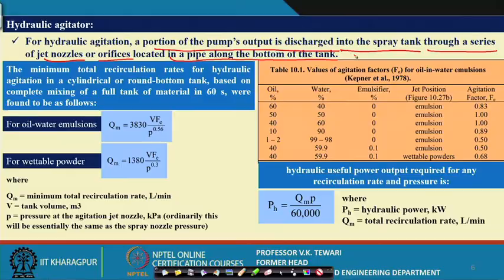So at the bottom of the tank, you have small nozzles or orifices, and you bring a certain portion of the output back into it. It will keep on delivering through these nozzles or orifices at the bottom. So each time there will be stirring of the whole chemical, and that is why you will be able to achieve that.